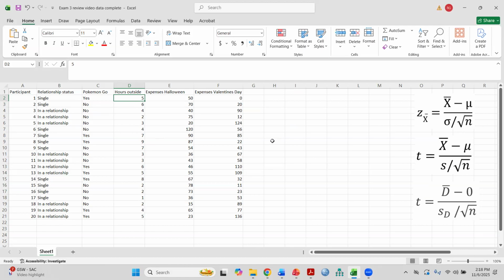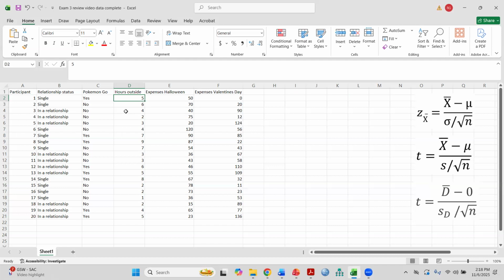How about a one sample z-test? Well, I could ask you something like, I think that people in our sample spend less time outside compared to the population average.